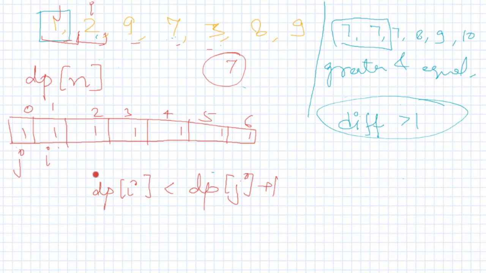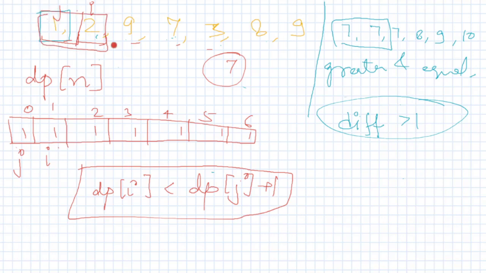Why are we doing this? We are checking because if we consider these two elements as a part of a subsequence, are they actually increasing the longest increasing subsequence count? That means let's place the value 1, 1 plus 1, 2.